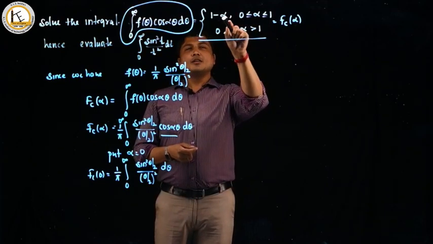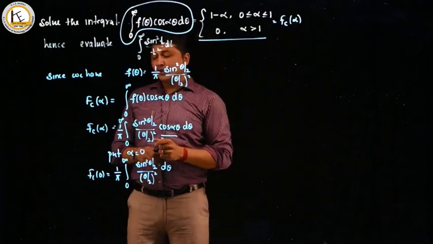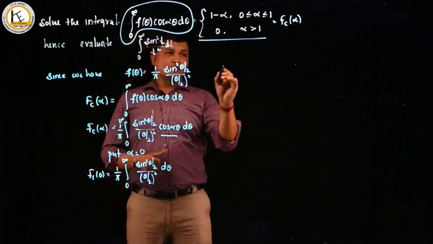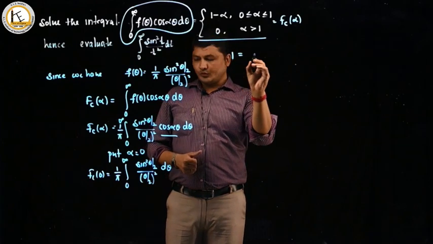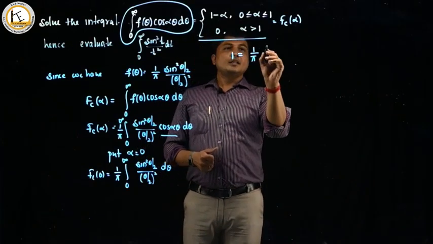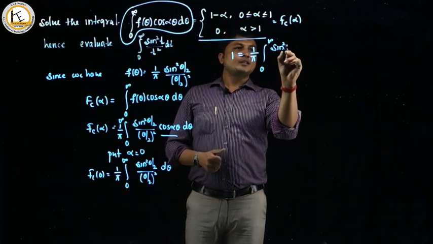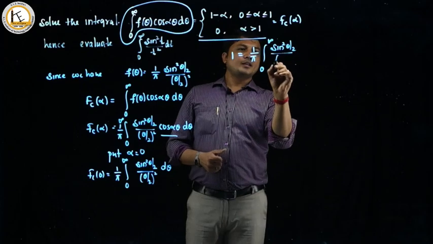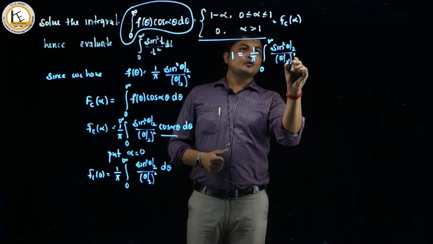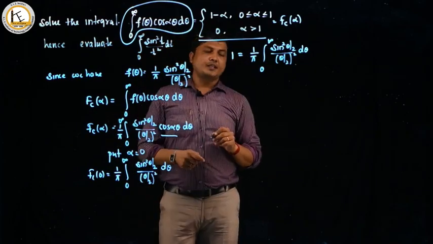When you put alpha equal to 0 here, then fc of 0 becomes 1. Therefore, fc of 0 is 1 is equal to 1 upon pi integral 0 to infinity sine square theta by 2 divided by theta by 2 the whole square with respect to theta.